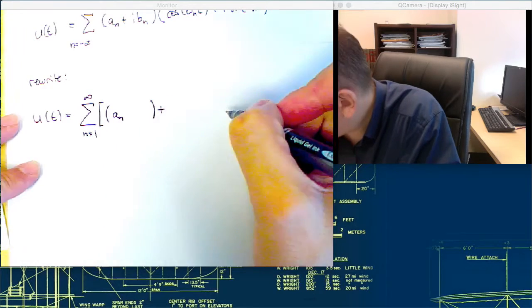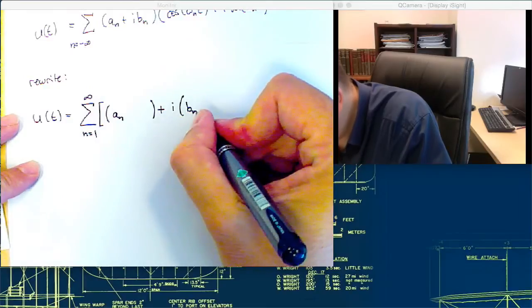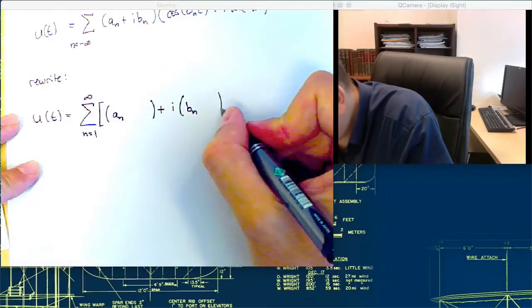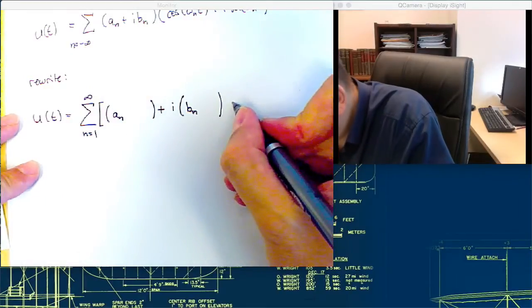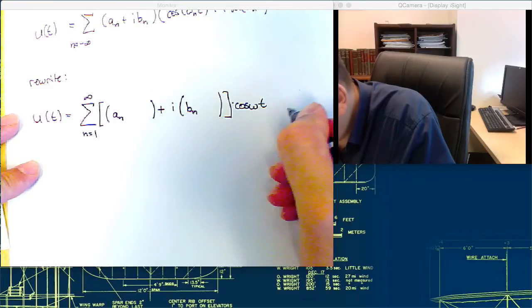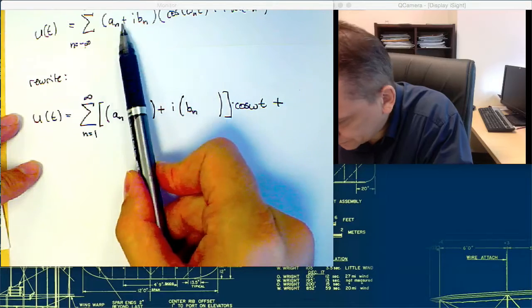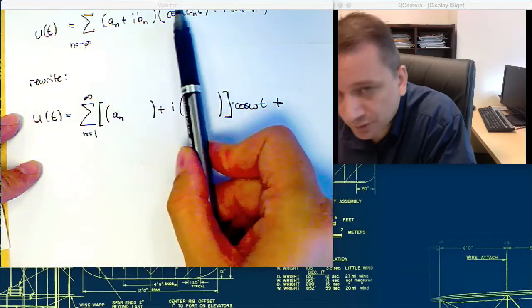I will see in a moment why. Plus i bn, again some space, cosine omega t plus, okay, so essentially I'm just rewriting this term over here.